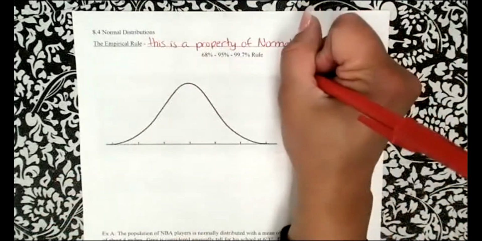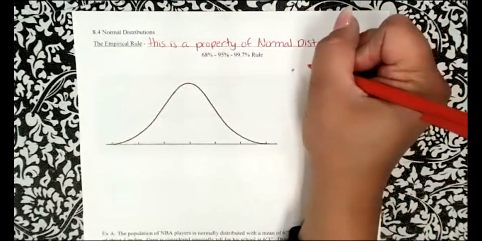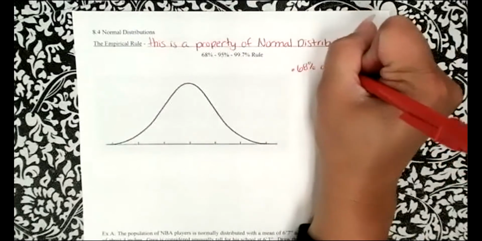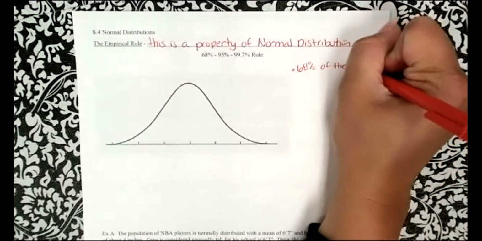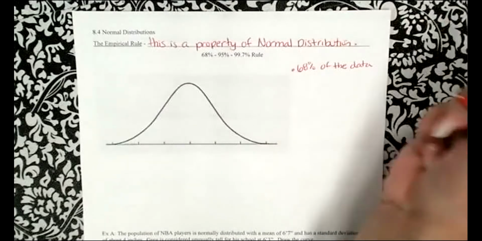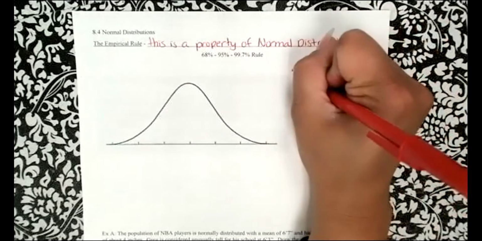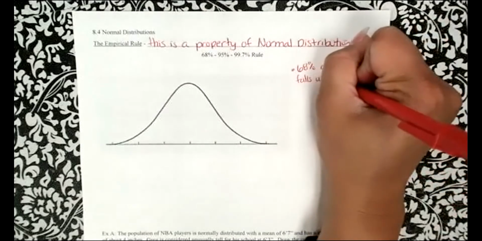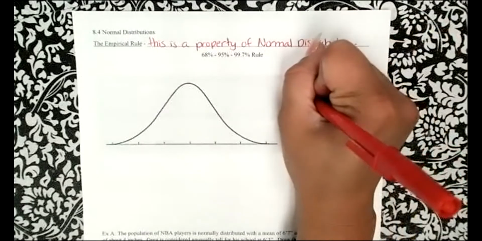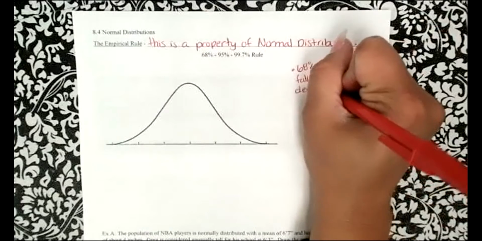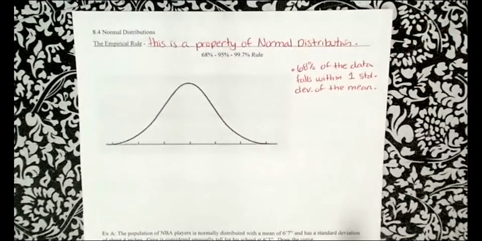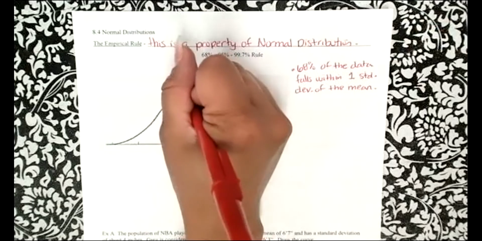So what does this represent? The 68, that means that 68% of the data falls within one standard deviation of the mean. Now, the mean's going to be right here in the middle.